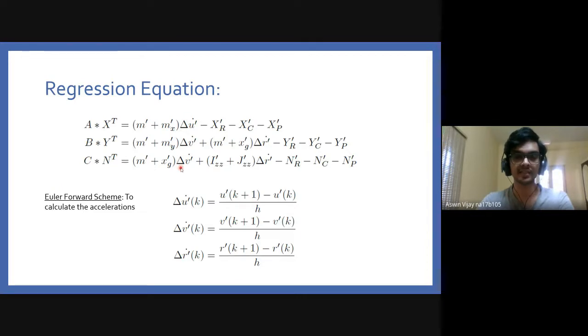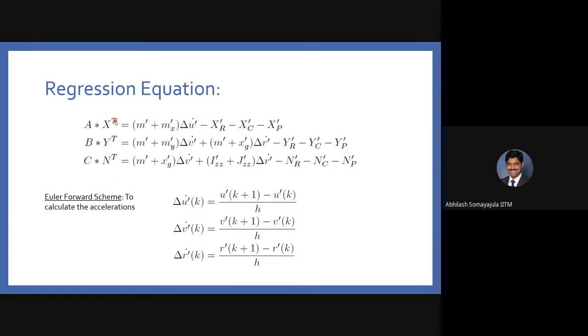So I have the accelerations. Everything else is constants or calculable variables using the equations above. So I have the regression equation Ax equal to b, and similarly X transpose equal to something, Y transpose equal to something, N transpose equal to something.